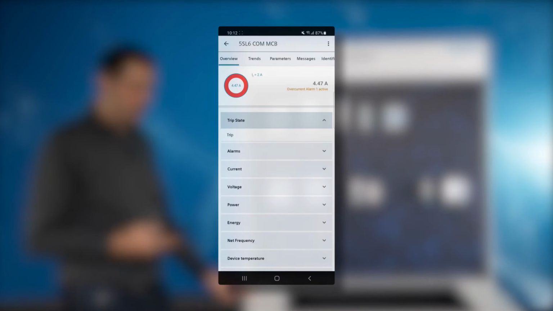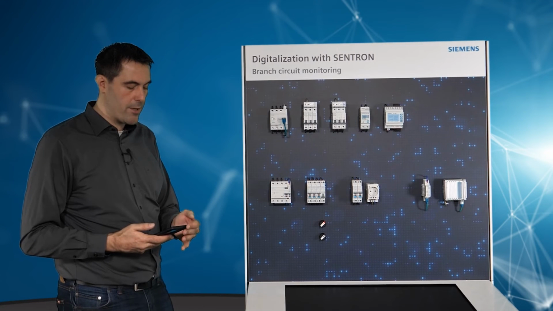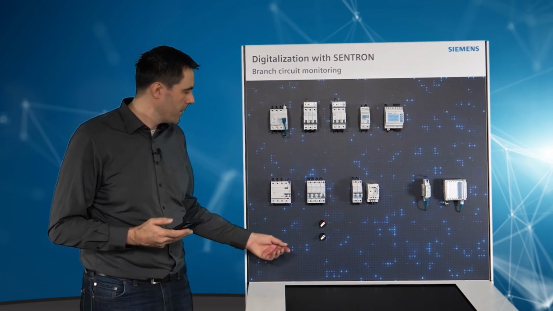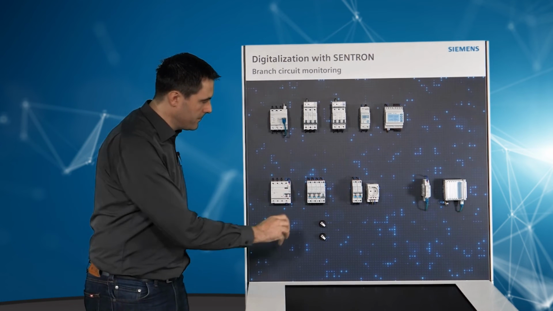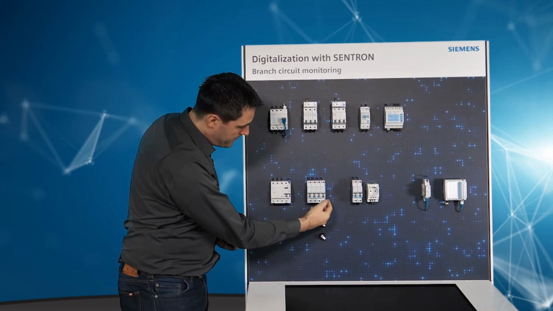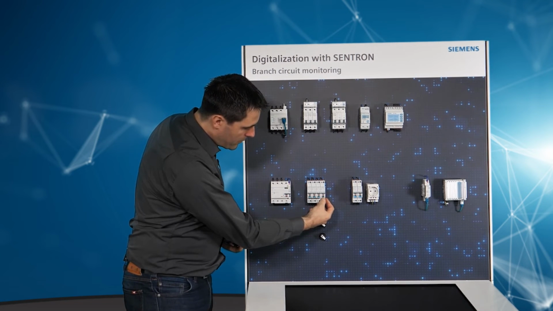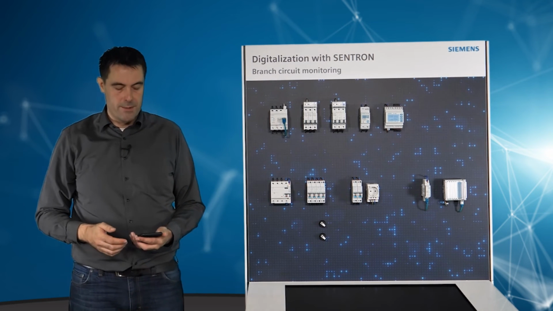In the app we see already there's a too high current. We get a warning and alarm, and now the breaker is tripped. Also here in the app we see the status and have some warning. To reset, switch everything off. Switch breaker on and do a long press here for reset.